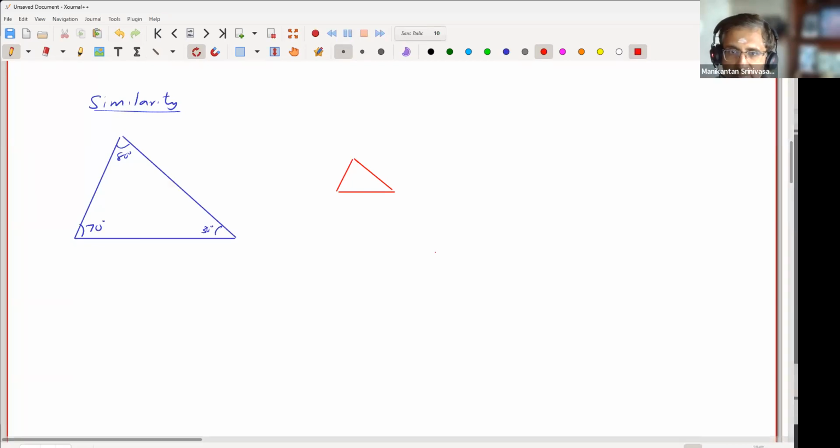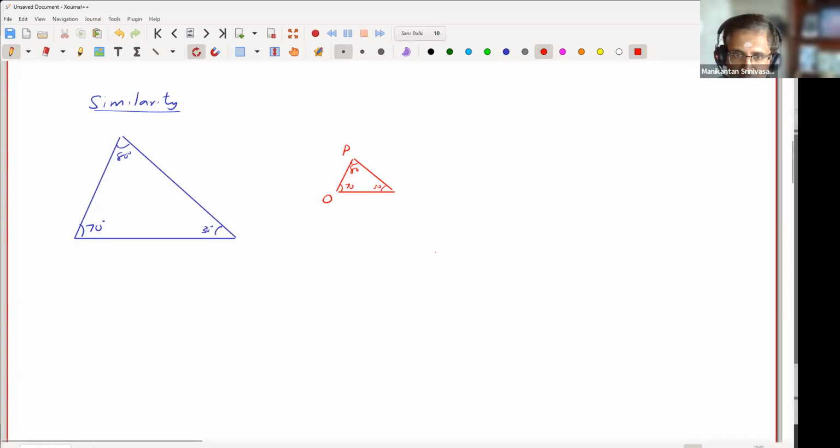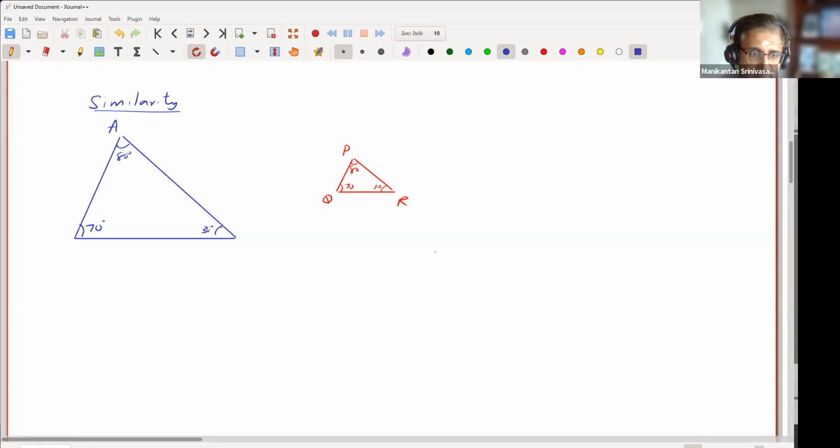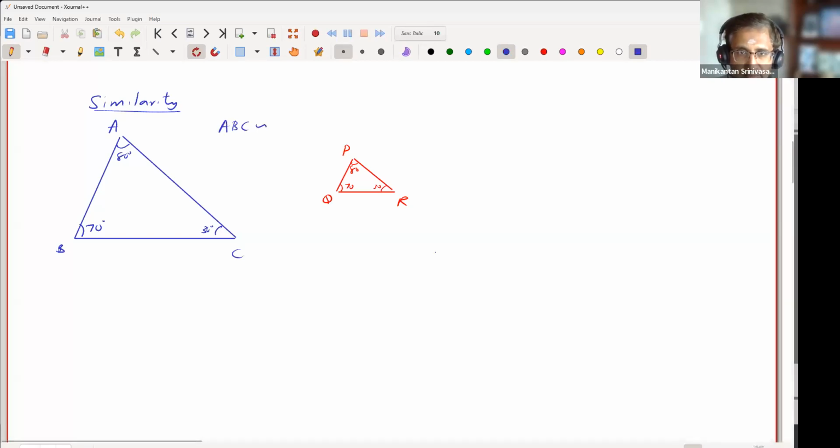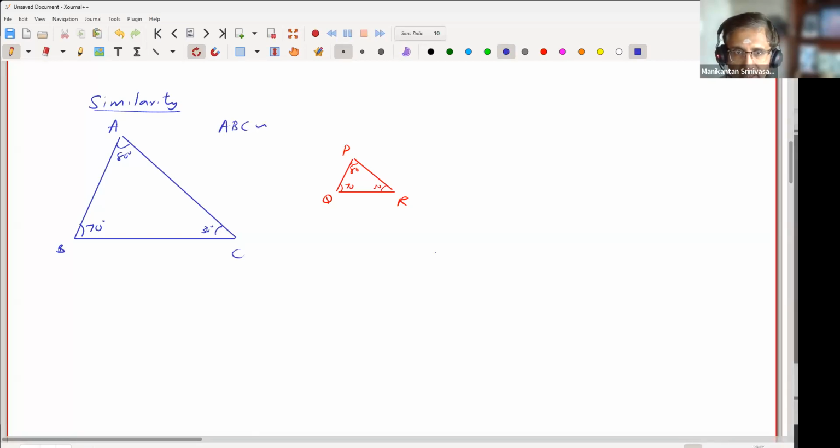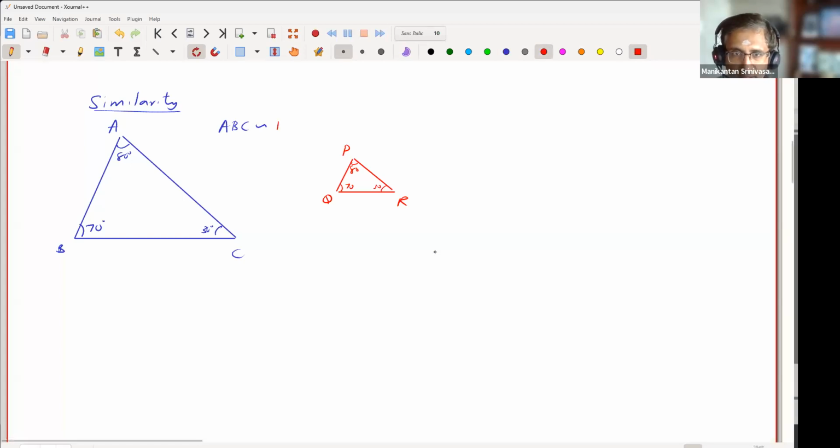Here also it's the same 80, 70, and 30. So these two triangles, PQR and ABC, are similar. The way you write it is triangle ABC is similar, using this sign, to PQR.